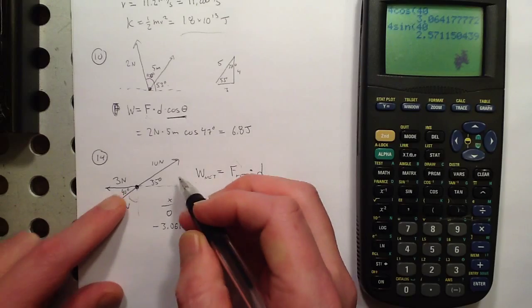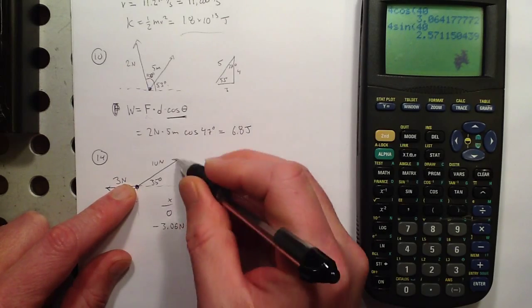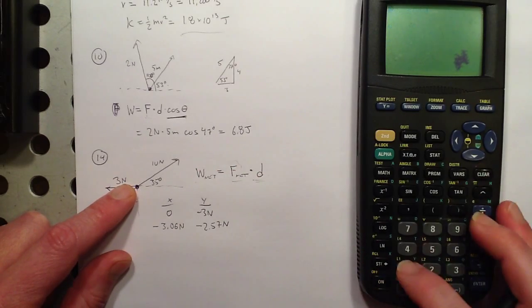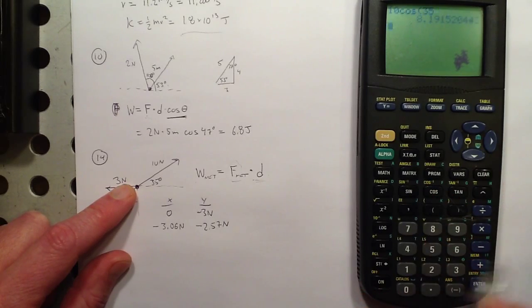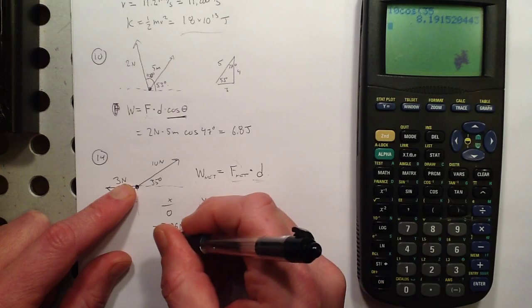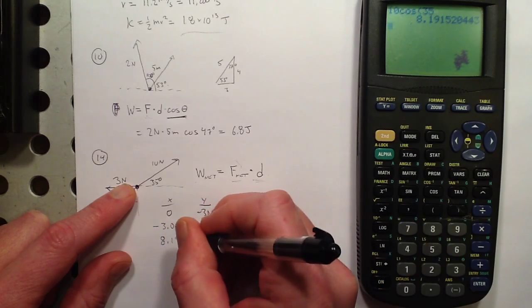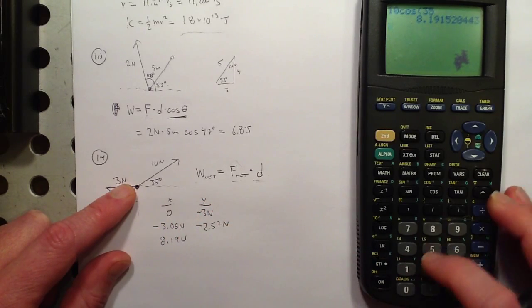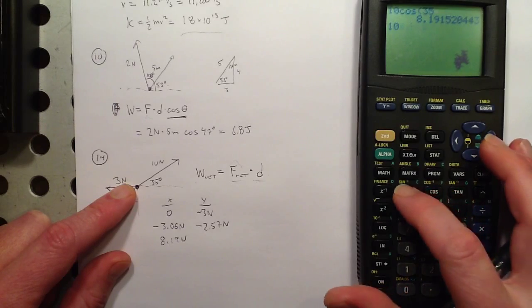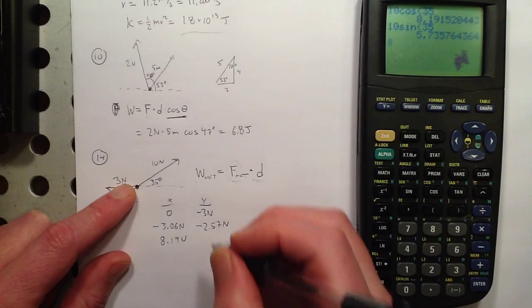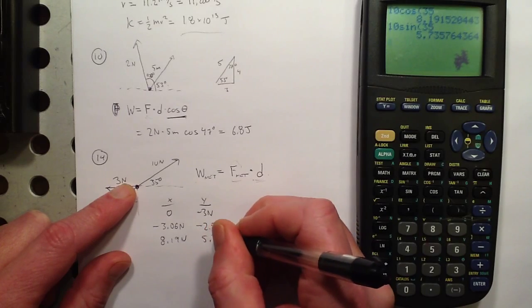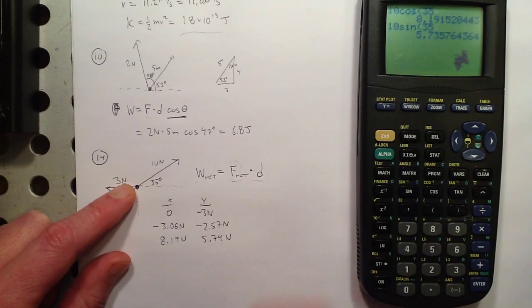And then the 3rd force here, both positive components, 10 cosine 35, and 8.19 newtons. And the y component, 10 sine 35 is about 5.74 newtons.